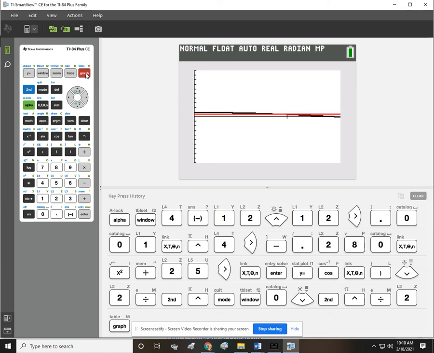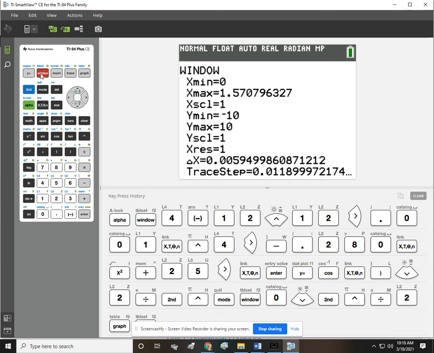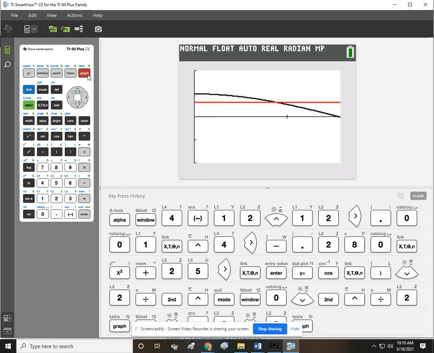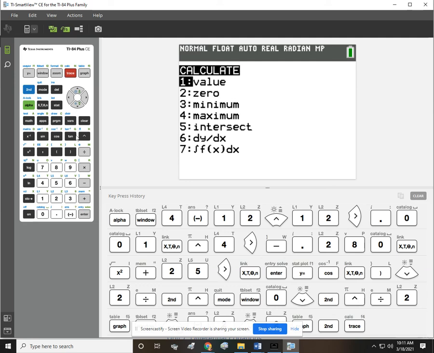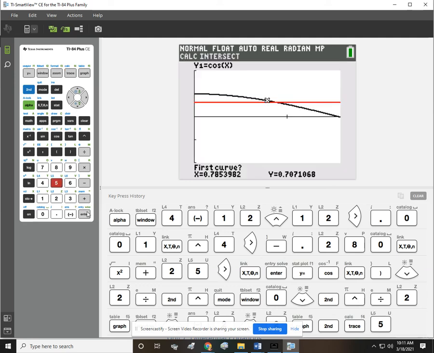I'm going to change my y because that's hard to see. So let's just go from -2 to 2. Here we go. Okay, so we want to find where they intersect. So we're going to second, trace, and 5. And then just hit enter on each and enter again.